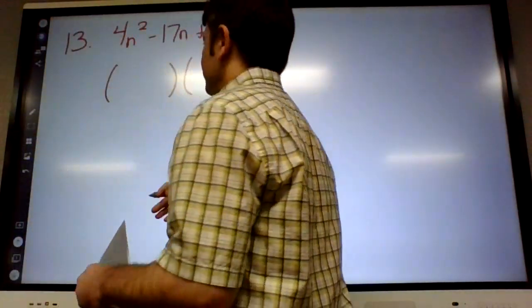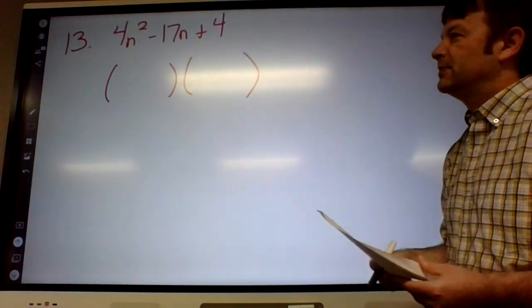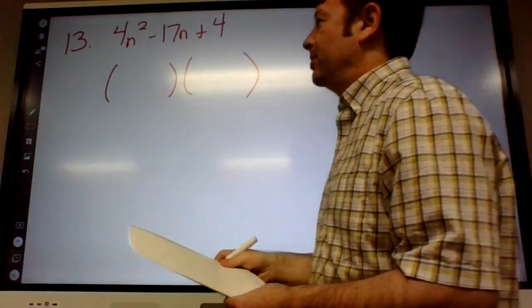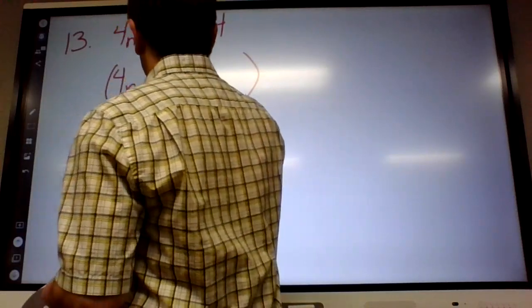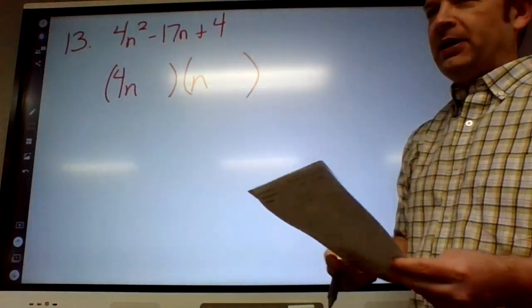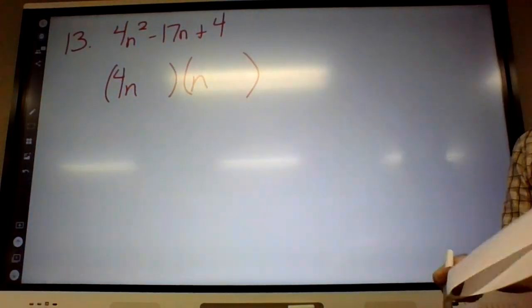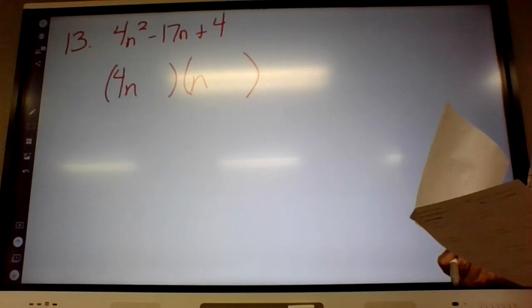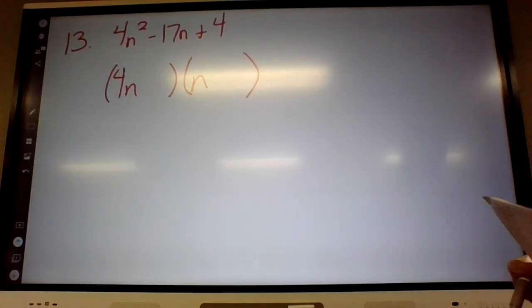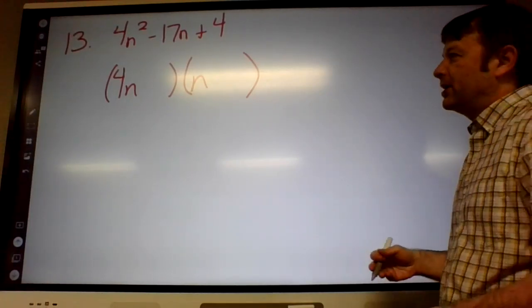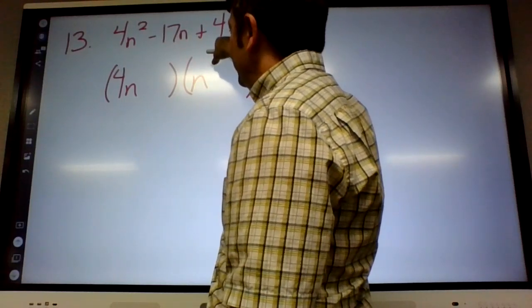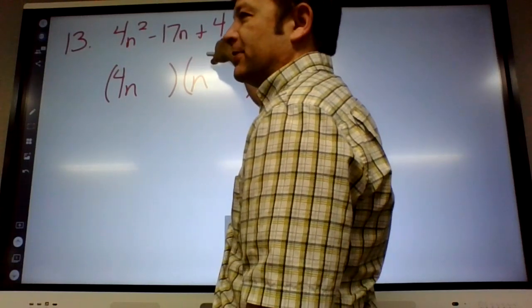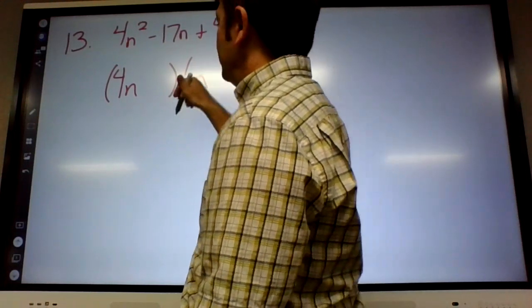Okay. What might go in the front? 4n and n, or it could be 2n and 2n, but where did I get n squared? I wrote down 13 on the other page accidentally. Okay. What's gonna go in the back? What goes into 4? 2 and 2.